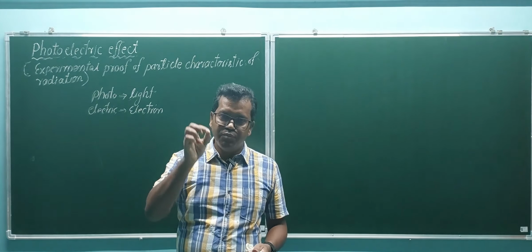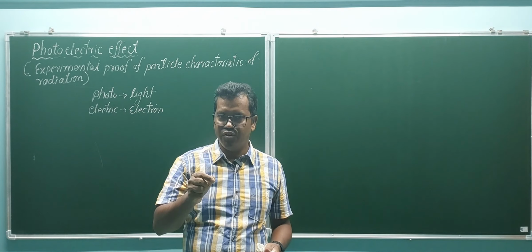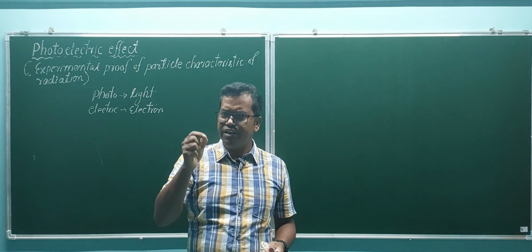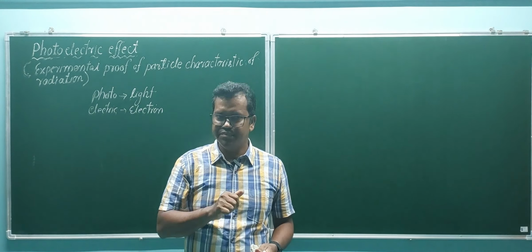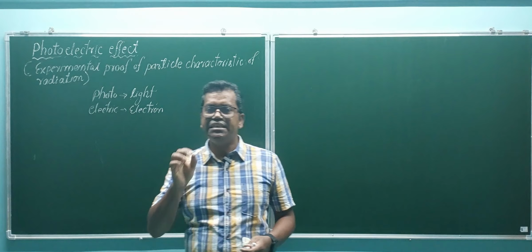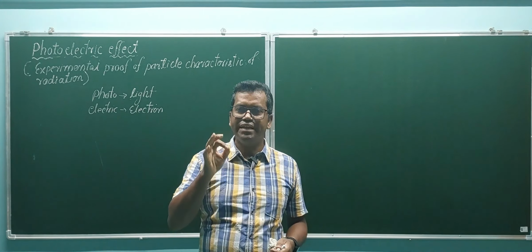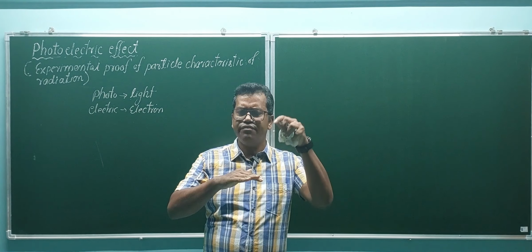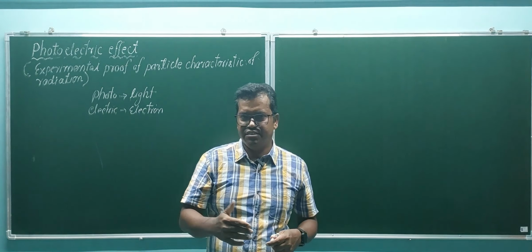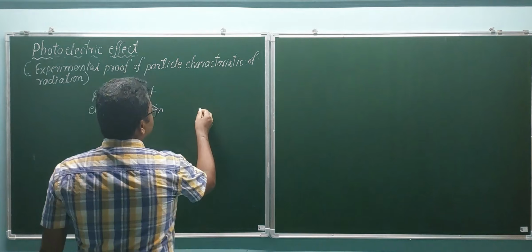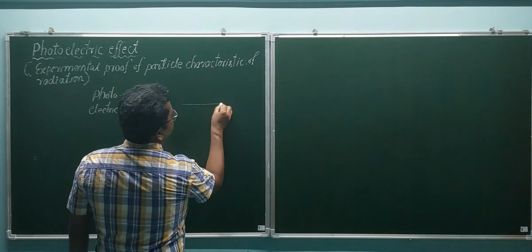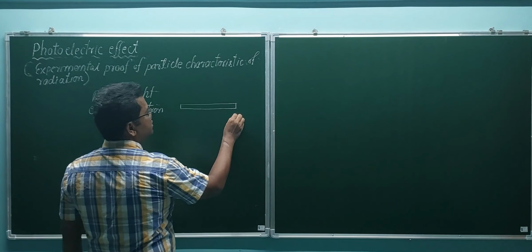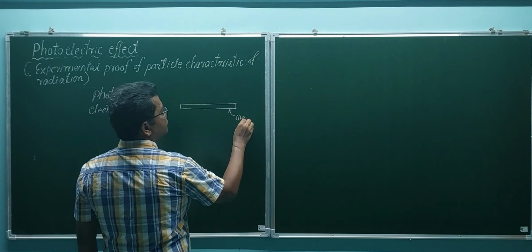It is the spontaneous emission of electrons from a clean metal surface when a light of definite frequency falls upon it. I repeat the definition. Suppose this is our metal surface.